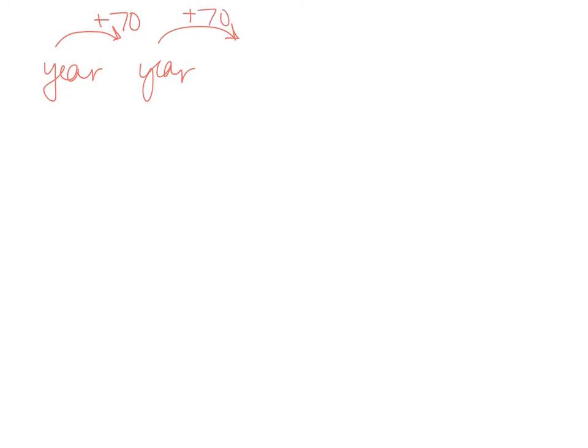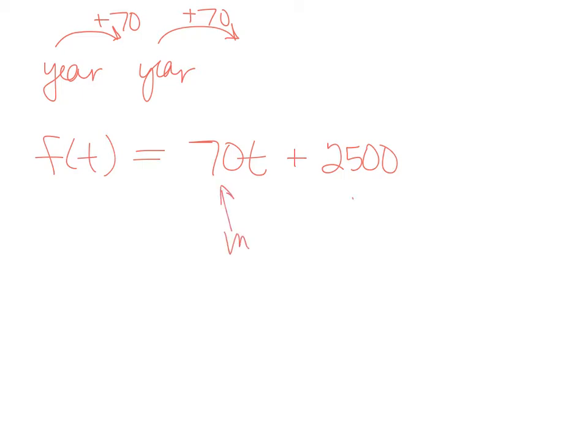So that is how we're going to write our explicit function. You guys got really good at that over the last few lessons. So 70 times t, and our beginning was 2,500. We're starting with 2,500, and we're increasing by 70 each time. It's a linear equation, right? This is what we see, y equals mx plus b, where that is our m, and that is our b.